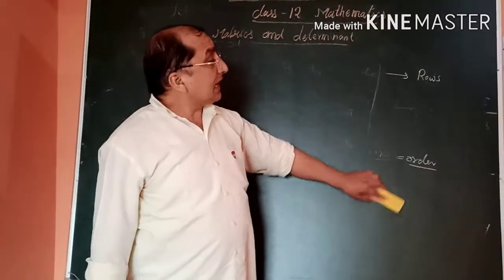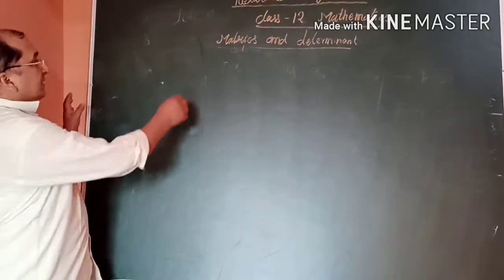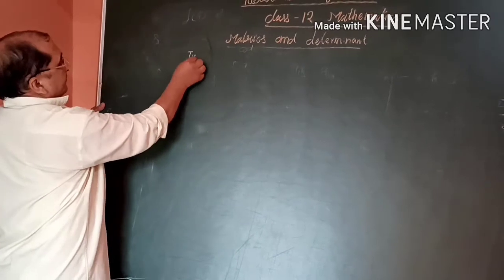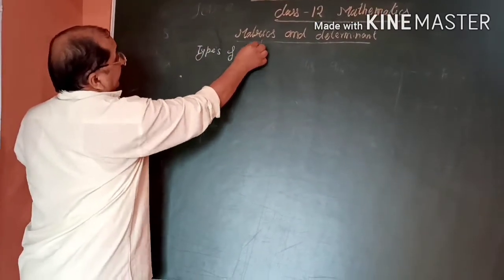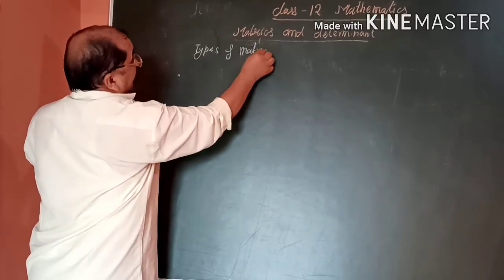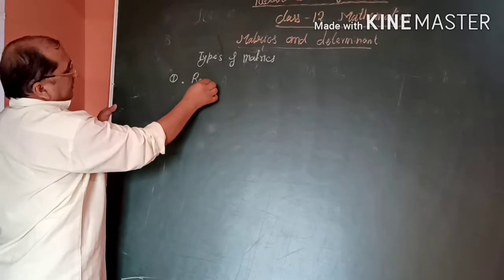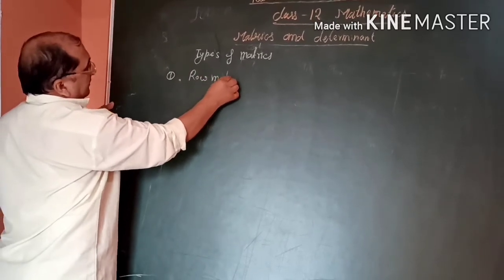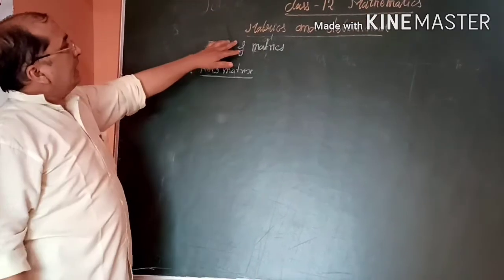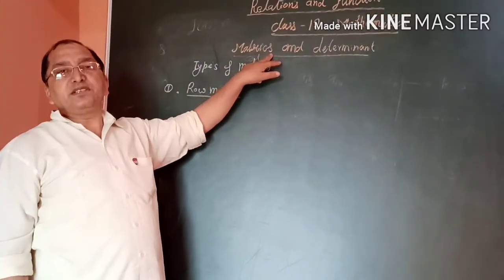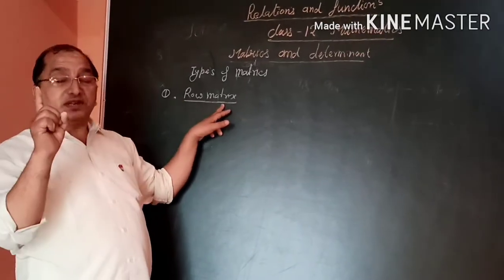Now see the types of matrix. Number 1, row matrix. Matrices is the plural form of matrix, and I have written here row matrix, which is a single matrix.